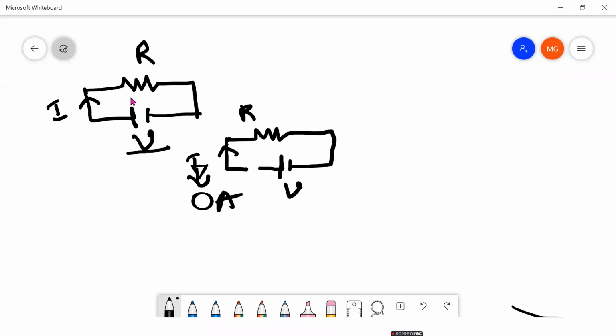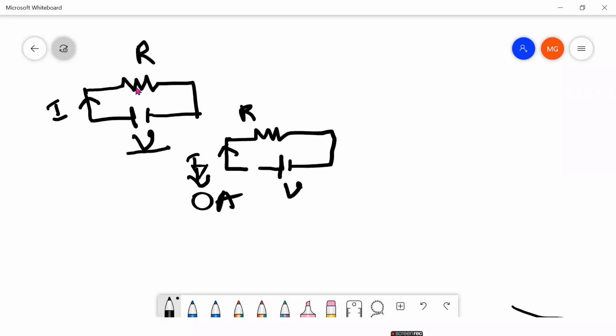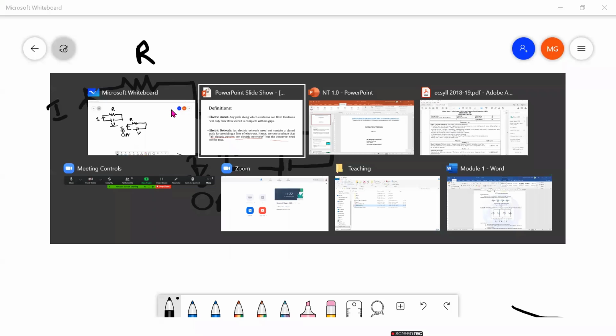Circuit means there must be a path for the flow of the current. Then can you say that all electric circuits are electric networks, but the converse need not be true? Is it right? So in this case it is a network but not a circuit. All circuits are networks, but all networks are not circuits.